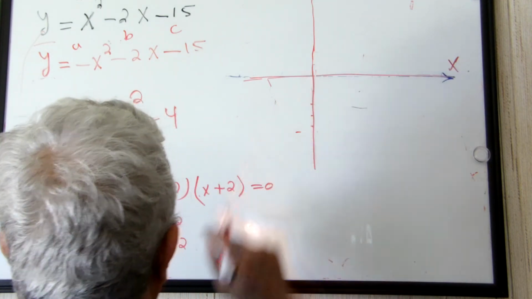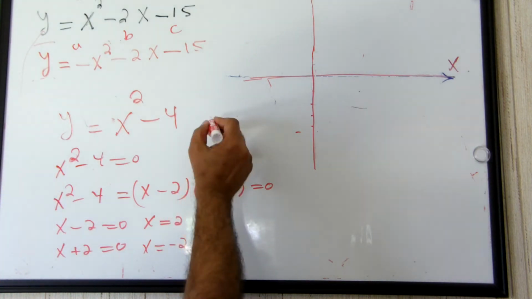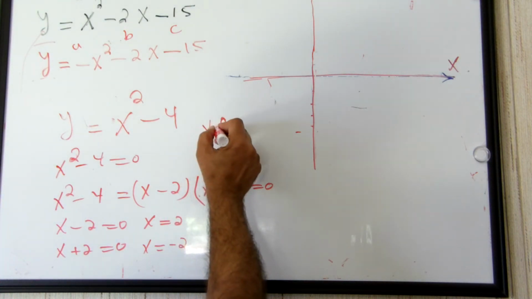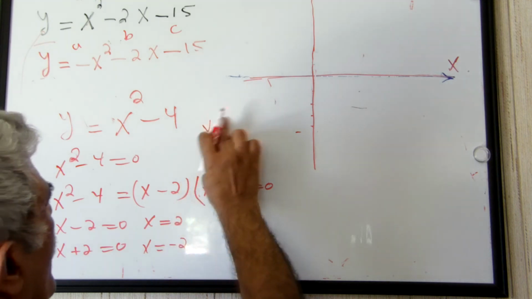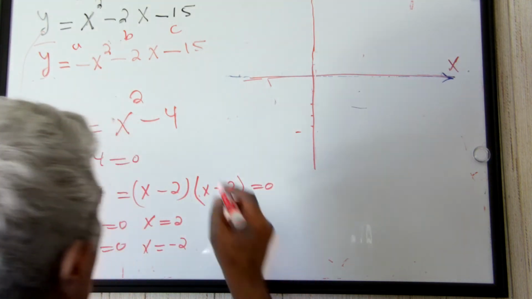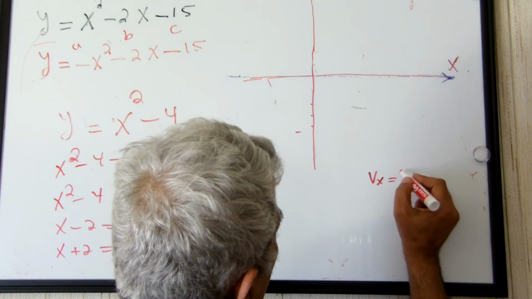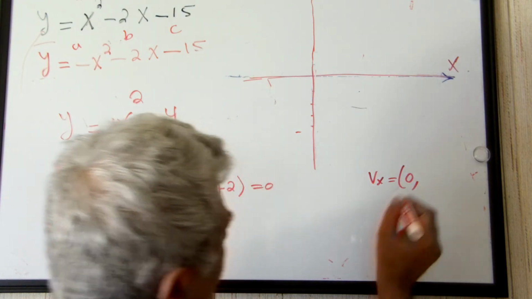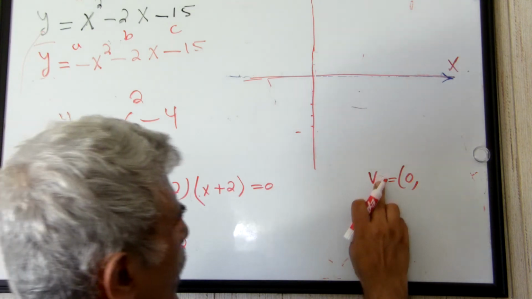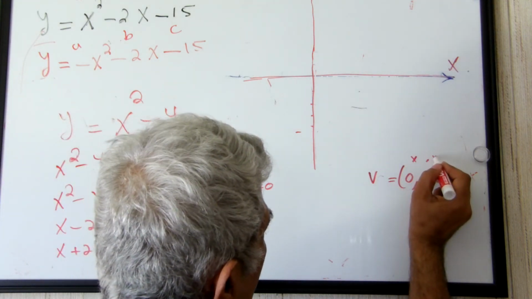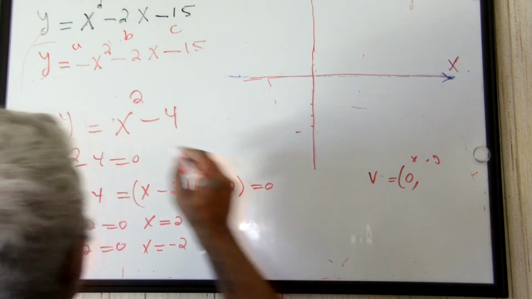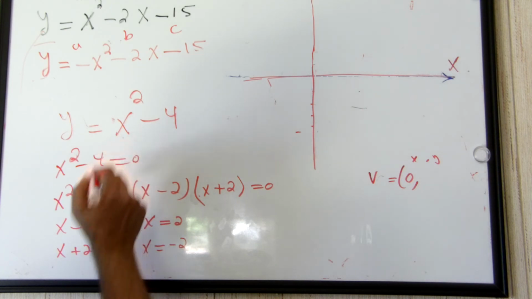So let's graph this. Say the vertex x is 0. We know that the vertex x is equal to 0. X is 0. Now we find the y. Find the y, we put x here.